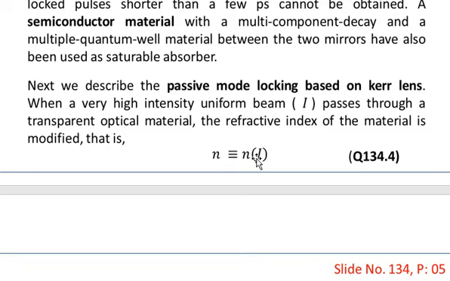So if you are using a Gaussian profile, for example, you know that in the Gaussian profile the intensity is maximum in the center, whereas it decays in a bell-shaped form on both sides of that maximum intensity. Similarly, if you have intensity in the form of a Gaussian profile, then the refractive index will also attain the shape of a bell-shaped Gaussian profile. That is, the refractive index could be maximum in the center and minimum towards the edges.